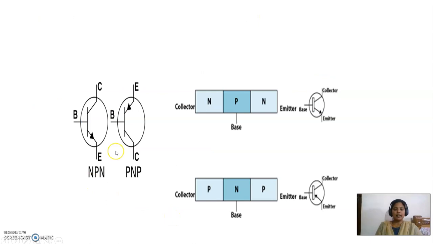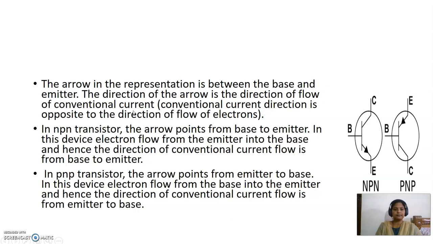Now these are the types of transistors, NPN and PNP. In the NPN symbol, the arrow represents the direction of conventional current flow, from base to emitter. In PNP, it is emitter to base.